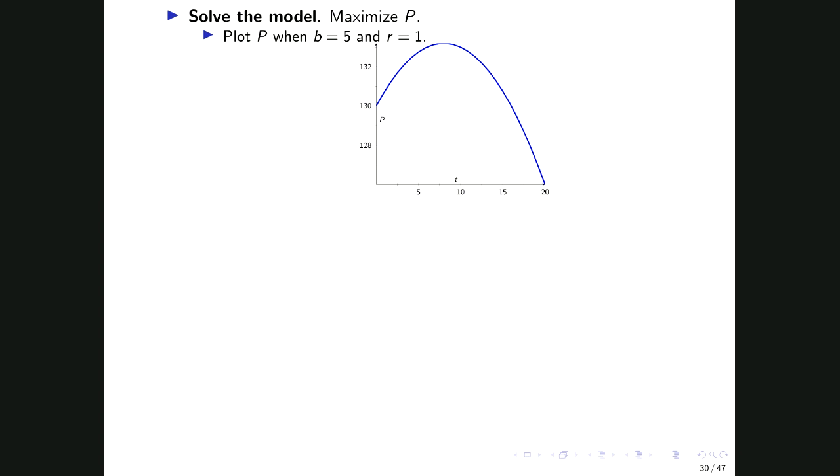From this graph, you can see at some time the profit reaches its maximum. Then let's see what kind of mathematical theory we can use to find the maximum. If we recall calculus 1, we can use the derivatives.